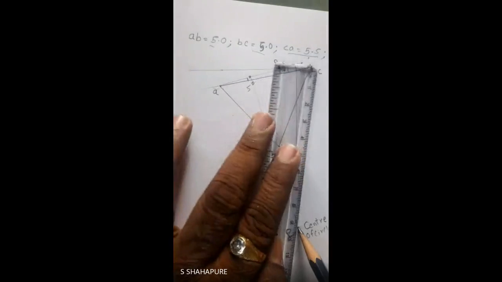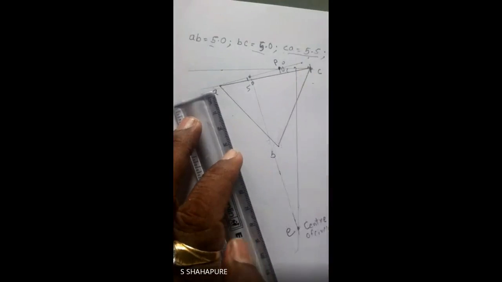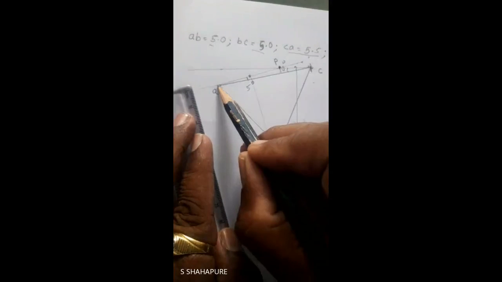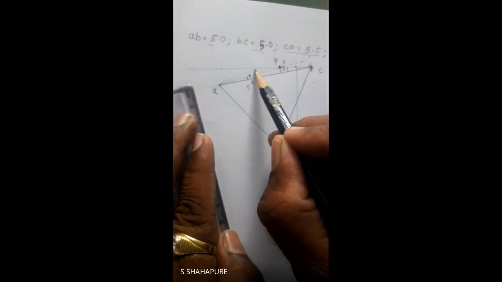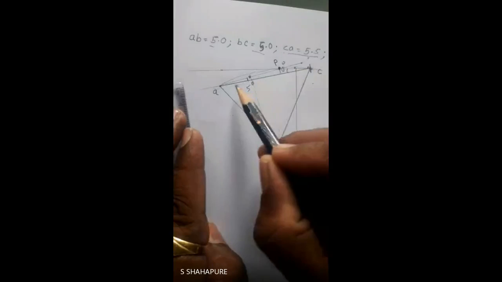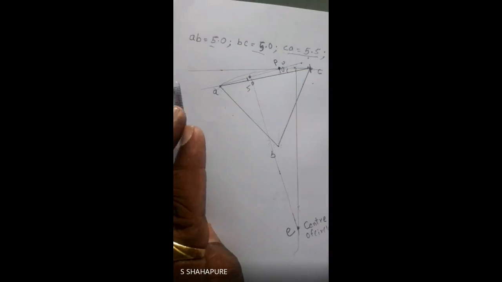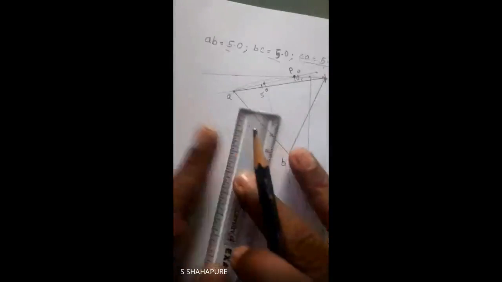All these three points, this is the perpendicular bisector of this chord and this chord. So this circle will pass through A, P and C, and you will get a big circle.